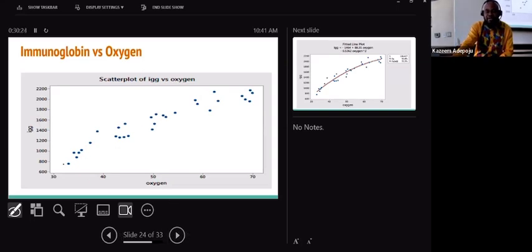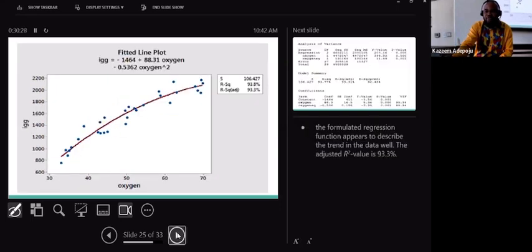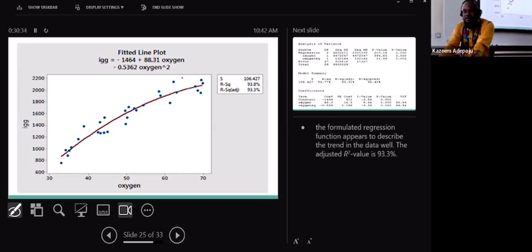It's looking like a curve in a way. Now, if I want to fit a model, at least I should fit a polynomial model. Okay, take a look at this, of degree 2. You can see here I have oxygen and oxygen squared, right? And you see how the square is very, very high.